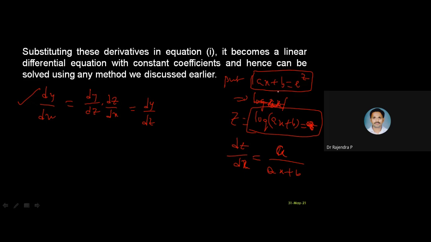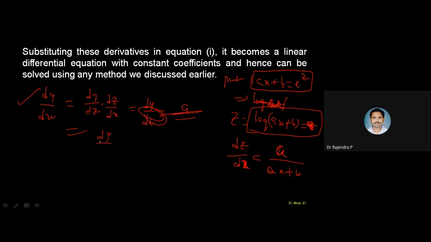I am telling you to please take this as a substitution. Then we get z is equal to log of ax plus b. When you differentiate, I will get dz by dx as a by ax plus b. So can I substitute that value here?